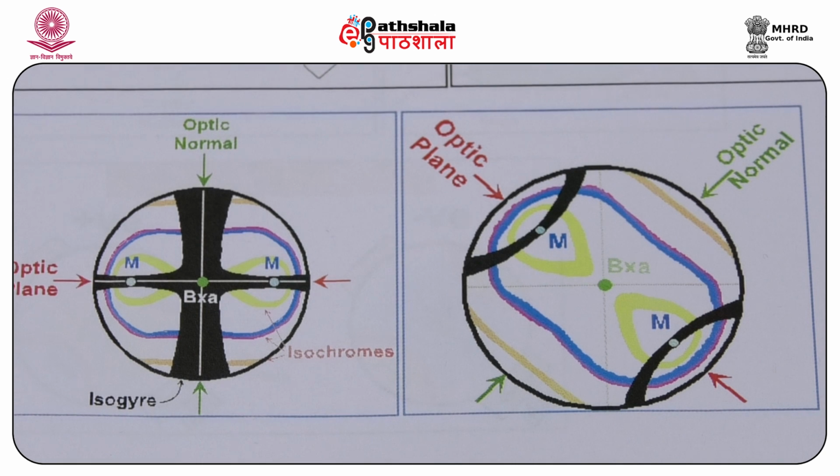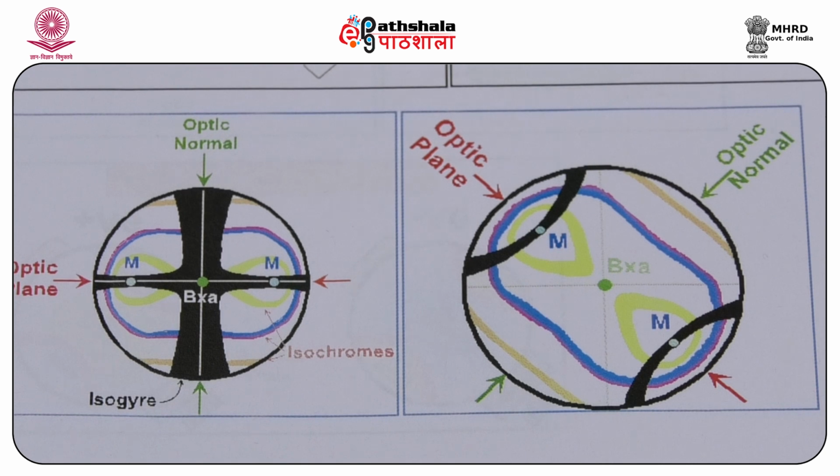The pattern of isochromes remains fixed relative to the melatopes on rotation of the microscope stage. In a biaxial interference figure, the isogyres form a pattern that changes as the microscope stage is rotated, as can be viewed here in this figure.